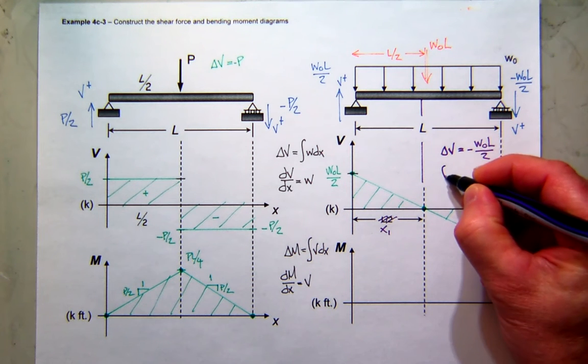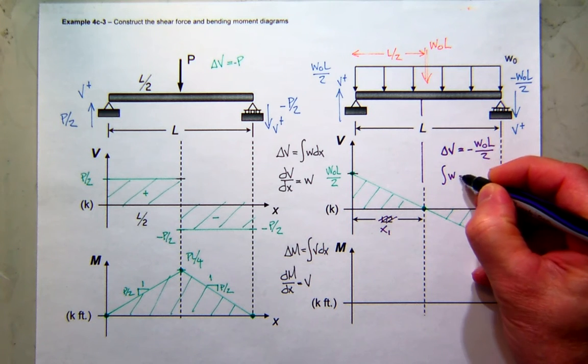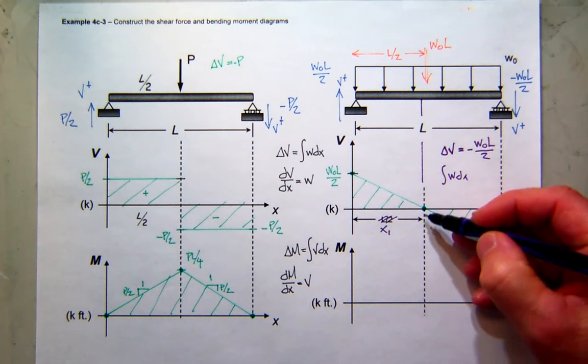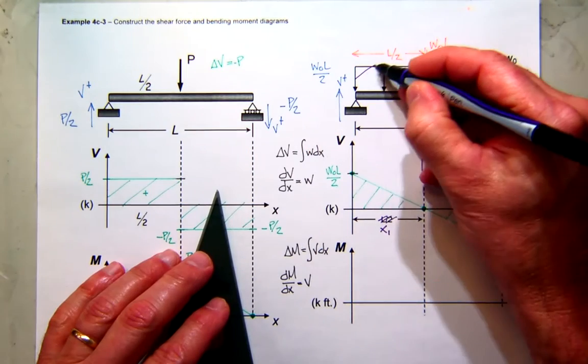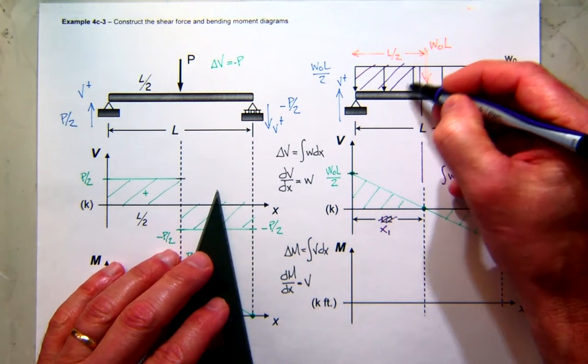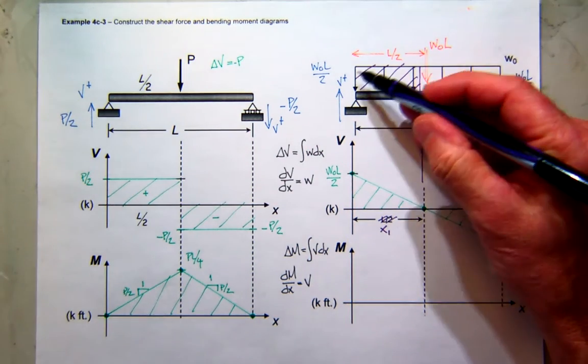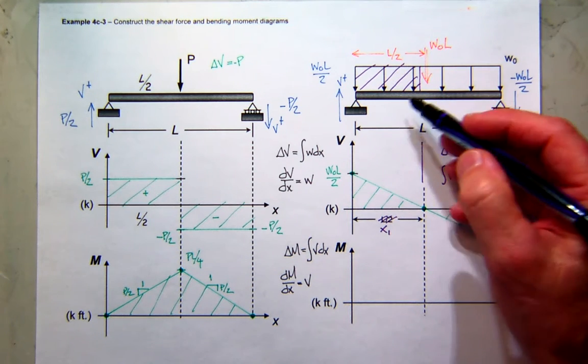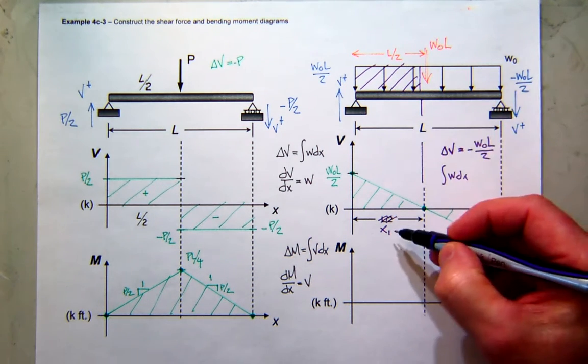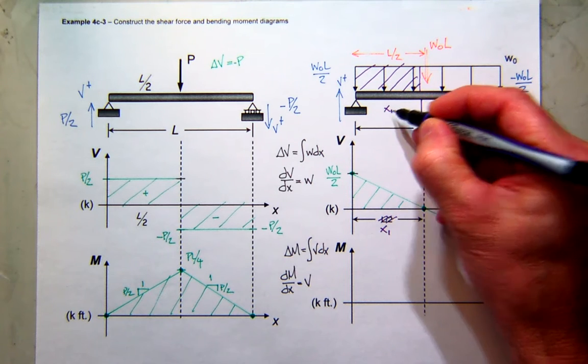What's the corresponding area under the load curve? So if I project this up, what's the area under the load curve? What kind of shaped curve is that? It's a rectangle. What's the base of my rectangle? x1.